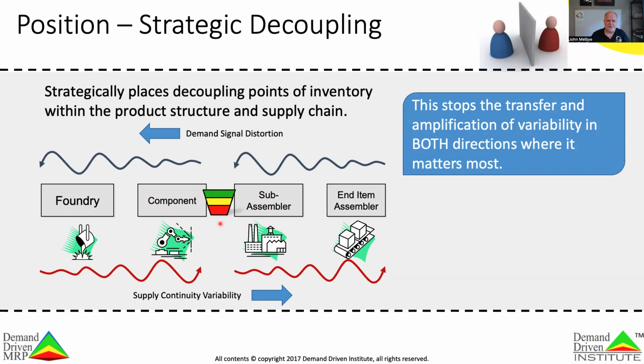If we put a bucket of inventory, or a position of inventory, in between the subassembler and the component manufacturer, we don't eliminate variability, but we stop the transfer and amplification of variability in both directions. Both the demand signal distortion stops and restarts, and the supply continuity variability transference and amplification stops and restarts. So we see the beginning of the solution by putting inventory in places where we need to disconnect the rate of supply from the rate of demand.